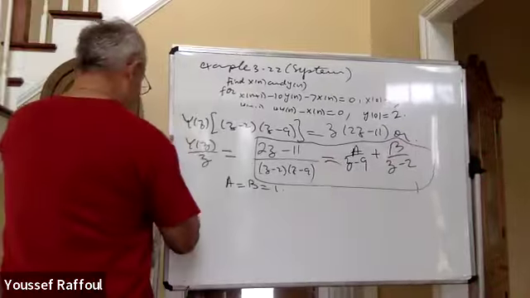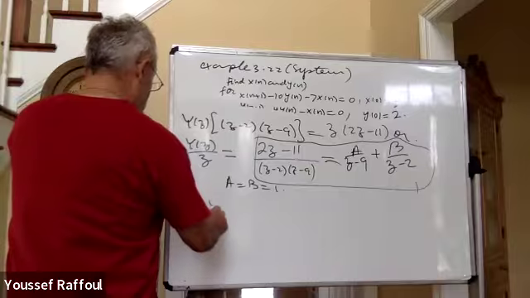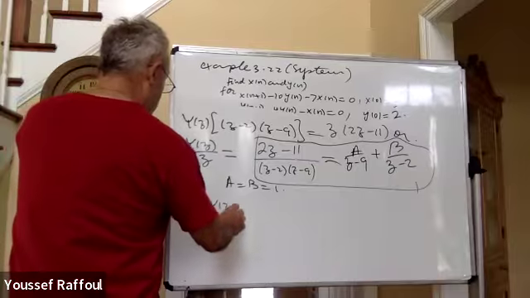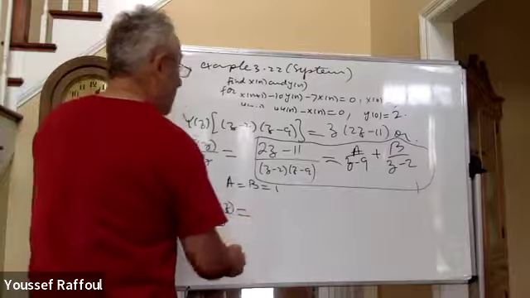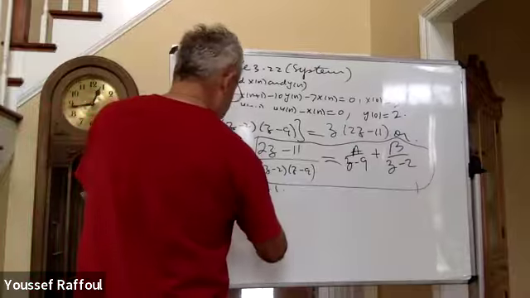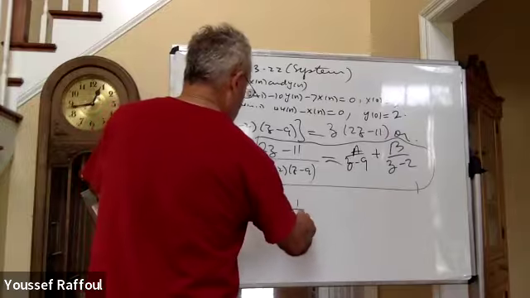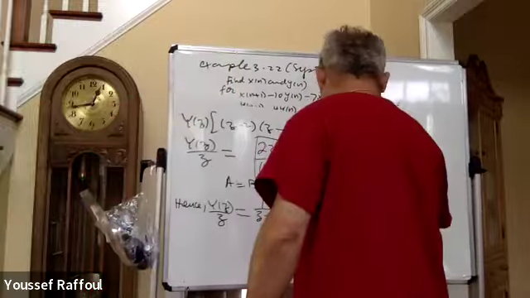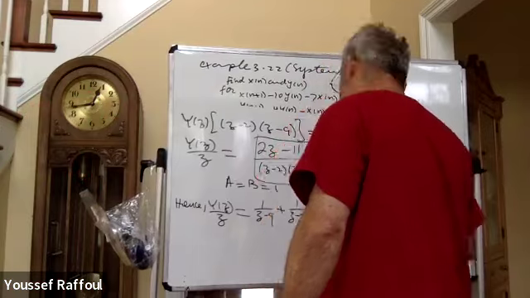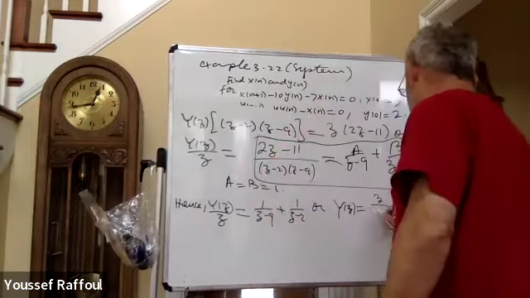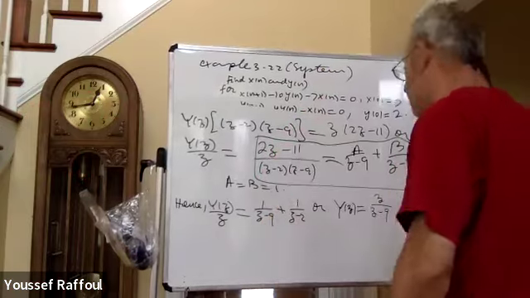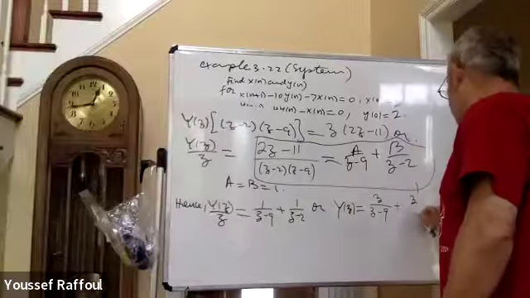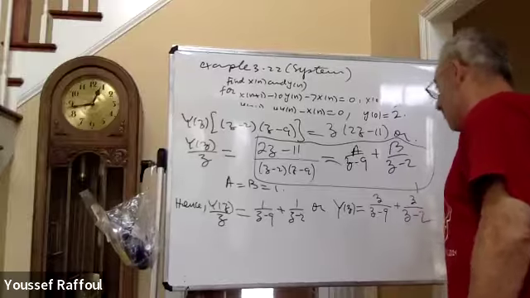Hence, Yz over z is 1 over z minus 9 plus 1 over z minus 2, or Yz is z over z minus 9 plus z over z minus 2.